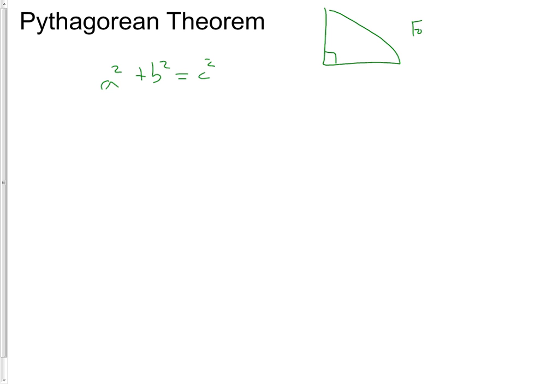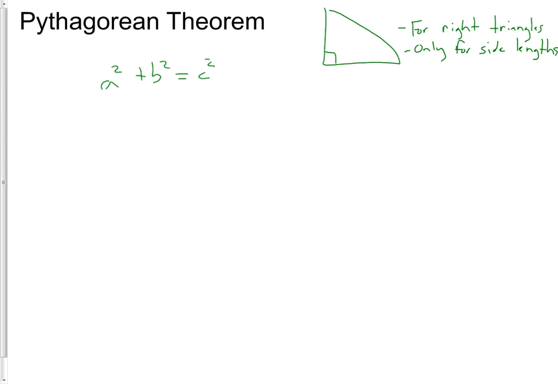So for right angle triangles, for right triangles, and only for side length. What we can do is identify what these three things are.